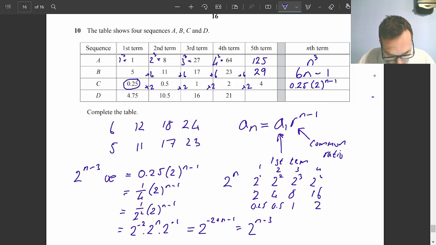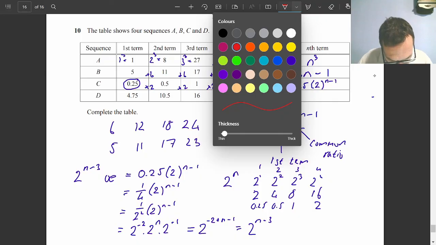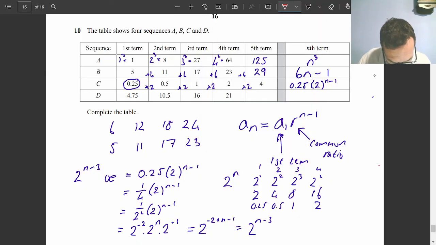Now if you look at the difference between those two sequences, look where we have the 2 in the sequence they've given us. Look where the 2 is in that sequence there. It means that our sequence has shifted 3 spaces.